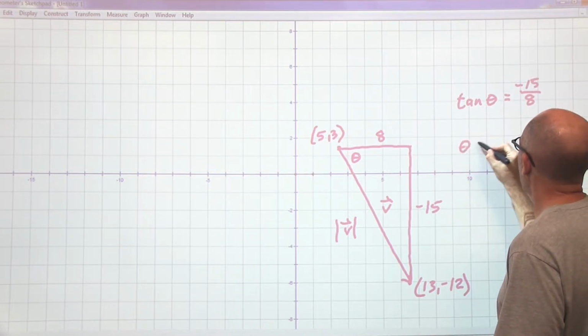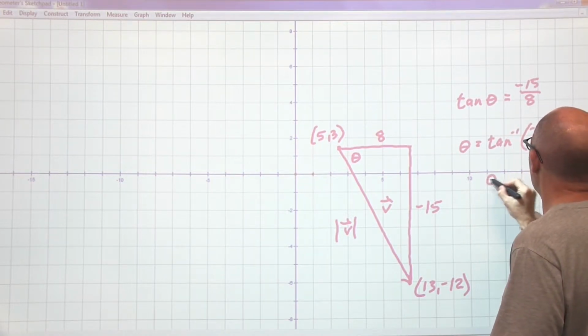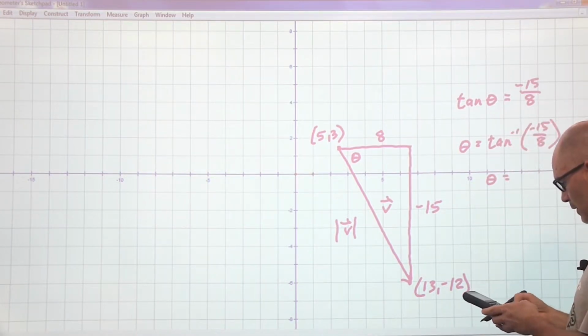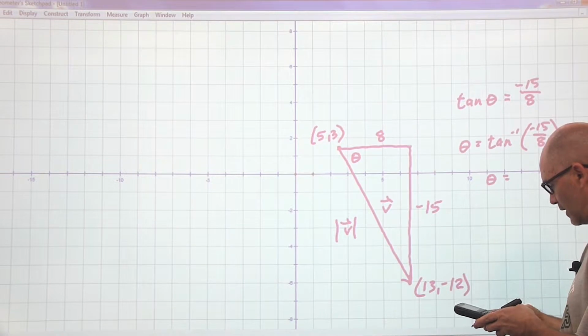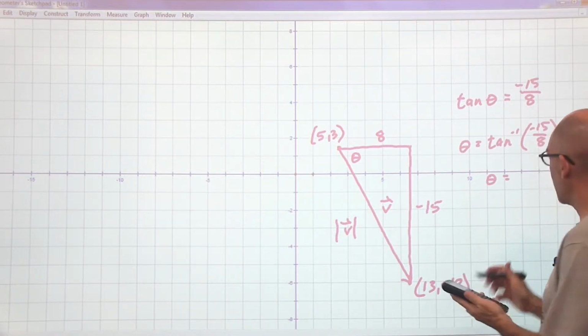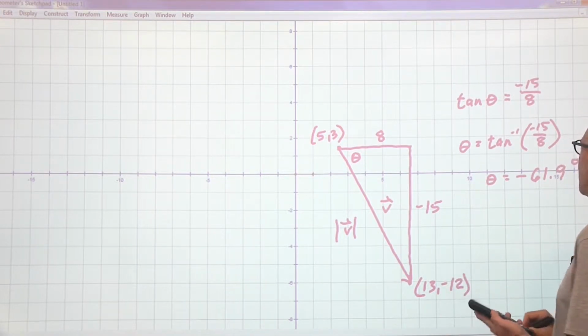So that means theta is going to be the inverse tangent of negative 15 over 8. And when we do that on our calculator, we enter 15, change signs, enter 8 divided by, inverse tangent in degrees, and get negative 61.93 degrees. So we'll just say negative 61.9 degrees.